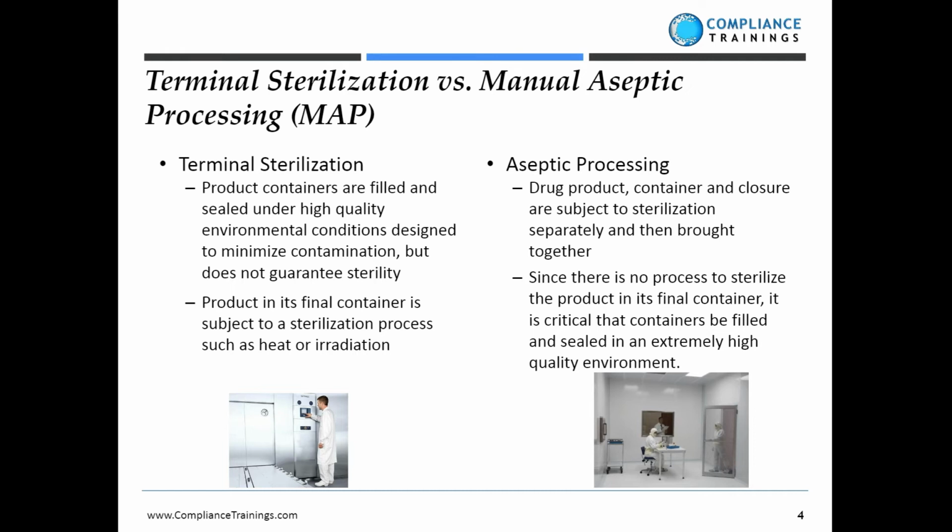There is no way that you can sterilize the product in its final container because perhaps the radiation or the steam sterilization may negatively impact the potency of that drug. So it is critical that those containers be filled and sealed in a high quality environment, such as an aseptic processing area.